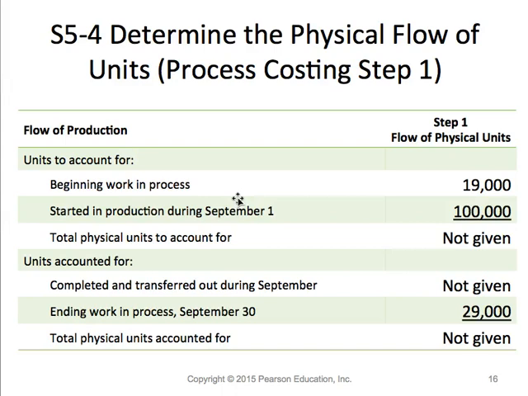Here, I just get all the numbers. 19,000 is how much we have in the beginning, and then we started to put into the production process 100,000.